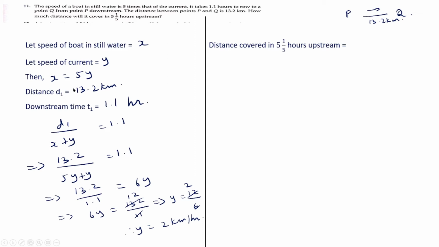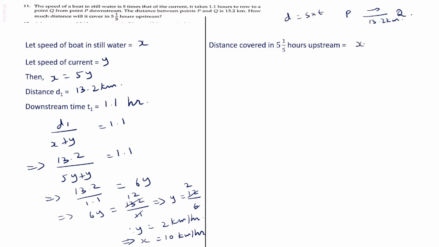It is given x is 5 times y, so x will be 5 into 2, 10 km per hour. Now we need to find the distance it will cover in 1/5 hours upstream. We know distance is equal to speed into time.